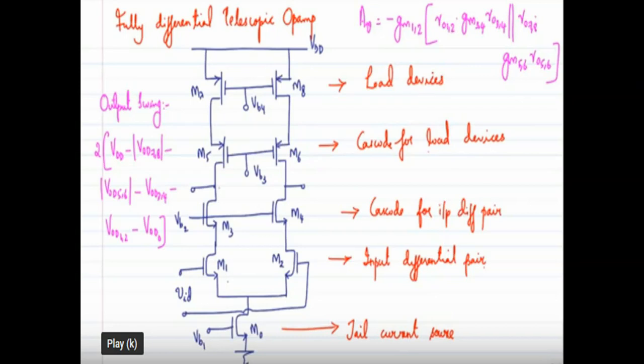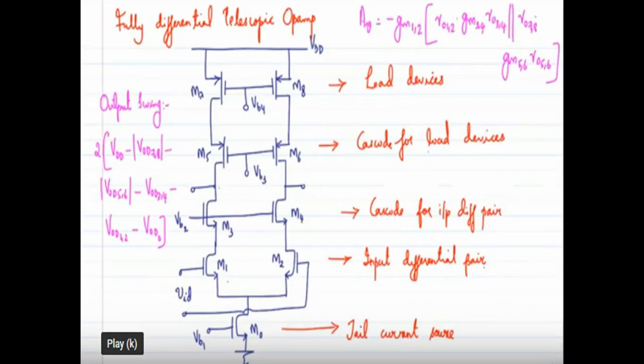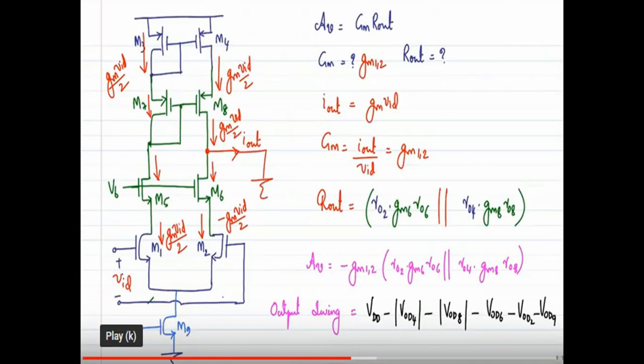Okay, same method. We already know that the voltage gain is equal to Gm into Rout. We already found what Gm is in the case of the single-ended telescopic op-amp. So what about Gm in the case of the single-ended telescopic op-amp? Gm is equal to Gm1,2. The same value is also applicable in the case of the differential op-amp, say minus Gm1,2. Okay, then what about the output impedance, Rout?